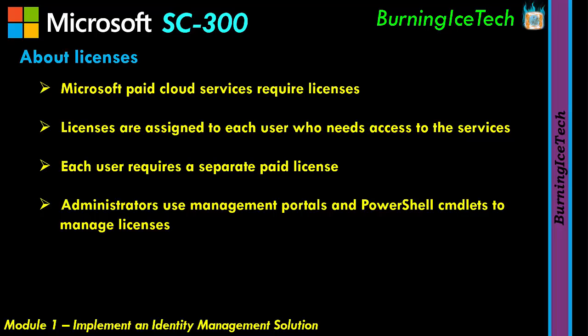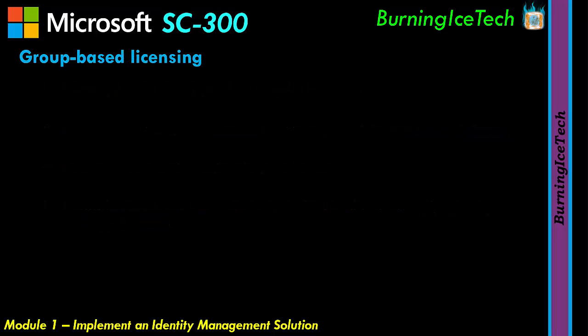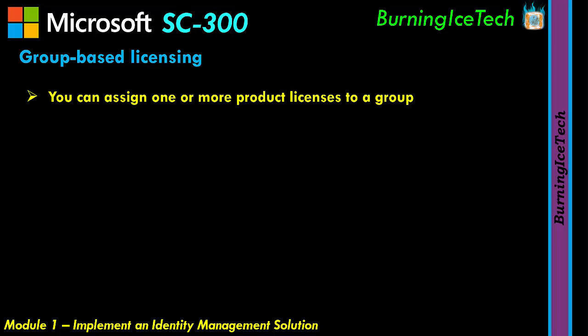Now, something I would also like to mention regarding managing licenses is group-based licensing. For those of you who didn't know, you can assign one or more product licenses to a group. So yes, generally every weasel and his uncle is going to need an individual license, but it is in fact possible to also assign one or more licenses to a group.